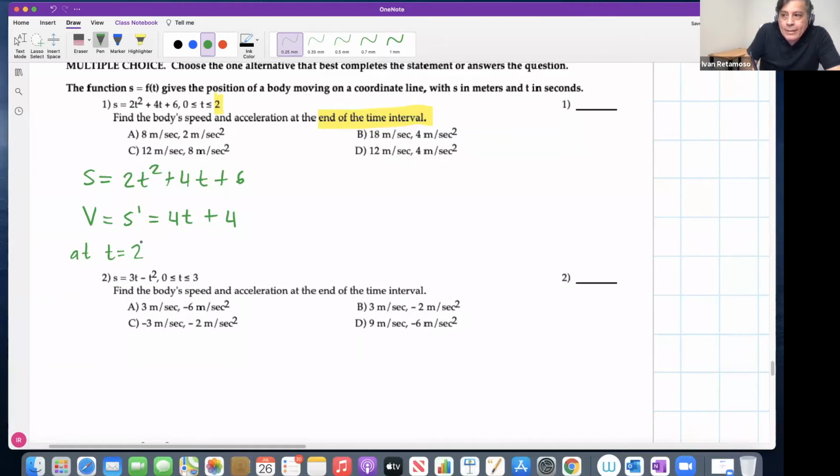So just substitute t with 2 here, and this should be the velocity evaluated at 2, or after 2 seconds. This is 8 plus 4, just 12. In the end, feel free to attach units. The position is measured in meters. The time is measured in seconds, so meters per second.